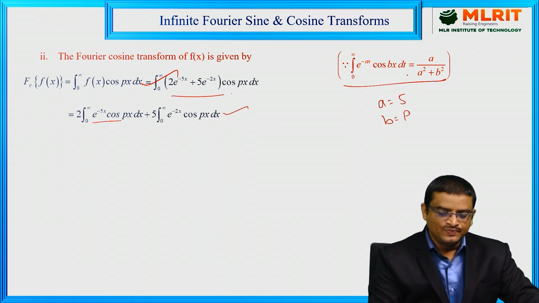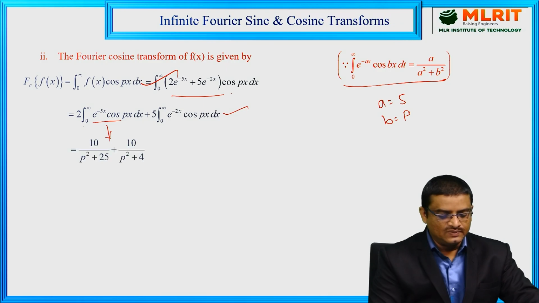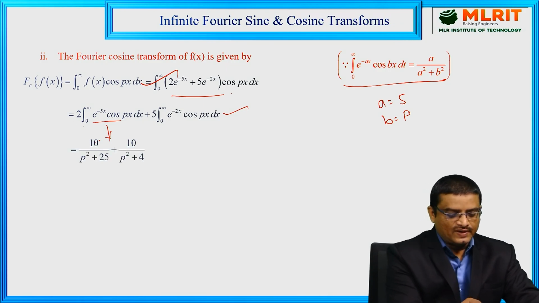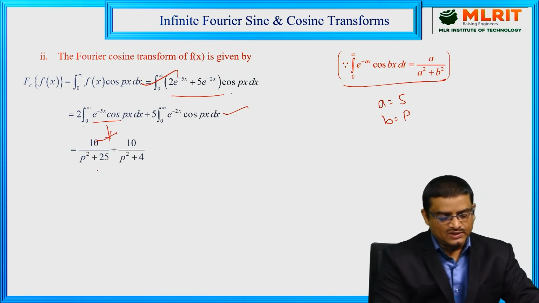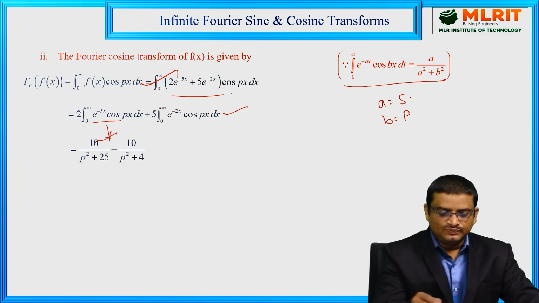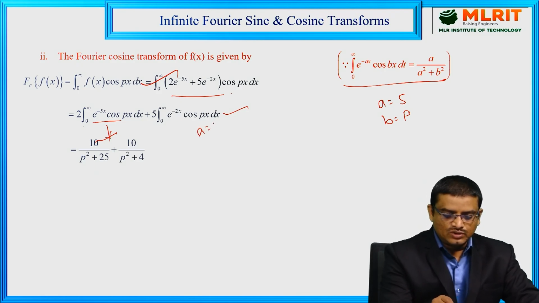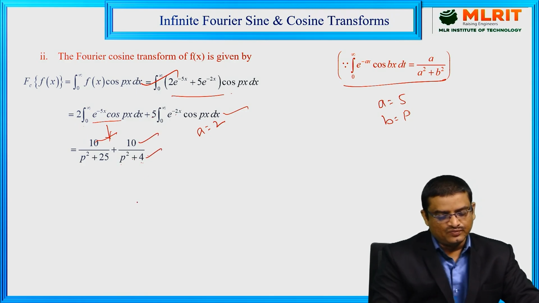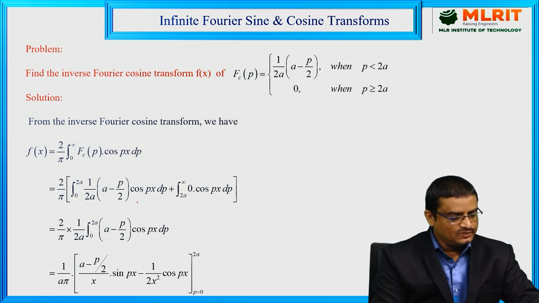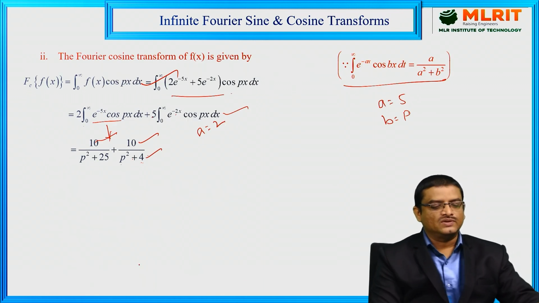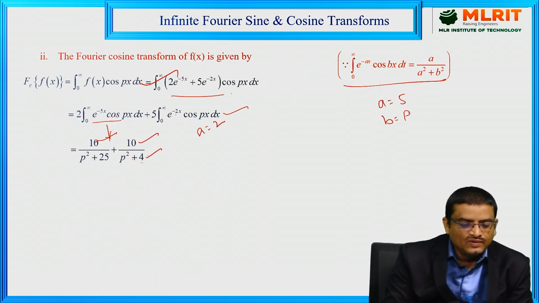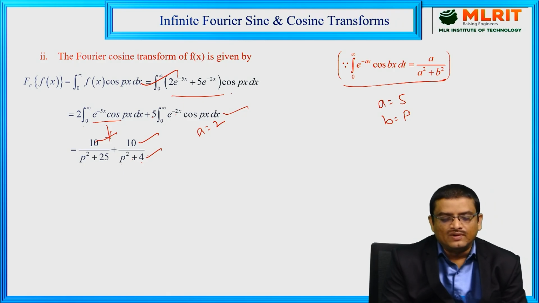In the first integral you will get 2 into 5, 10 by p square plus 25, and here a is equal to 2, 5 into 2, 10, by p square plus 2 square, that is 4. This is our standard value for the Fourier cosine transform of the given function.